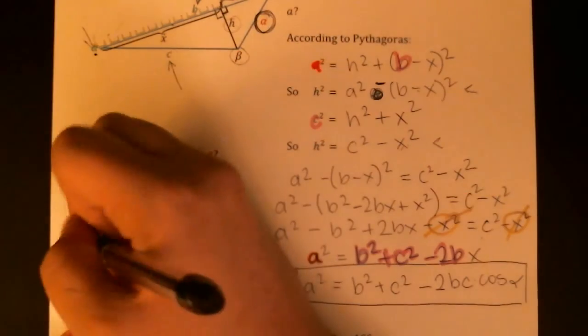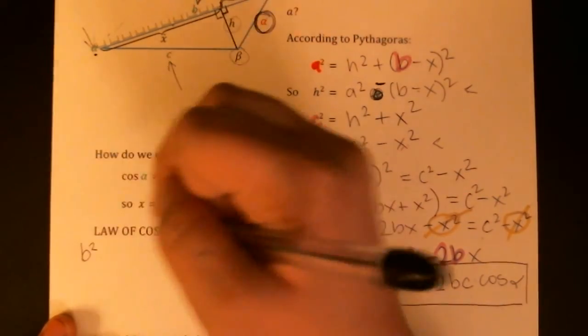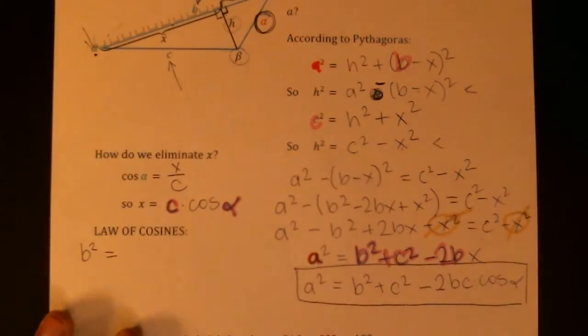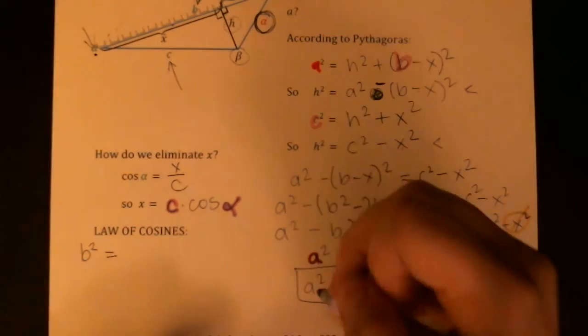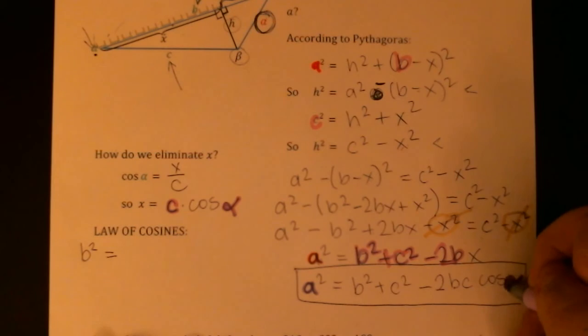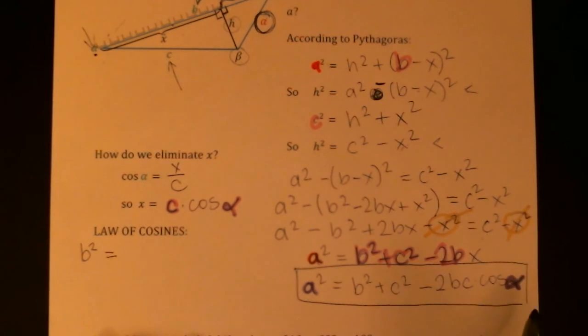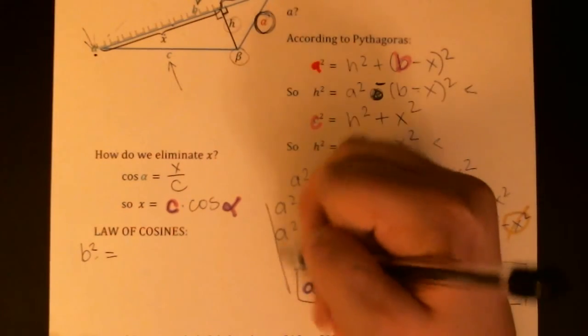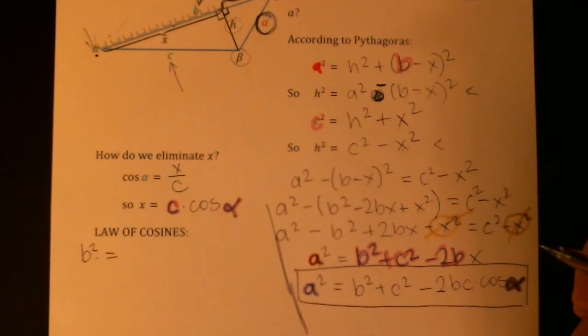Okay, so if instead we wanted to get b squared by itself, a super key important thing to realize is that we have an opposite pairs thing going on here. Whatever side is over here by itself, the angle that's getting plugged into cosine is always the angle opposite that. So if this is going to be b squared, we're definitely going to end with a cosine beta.